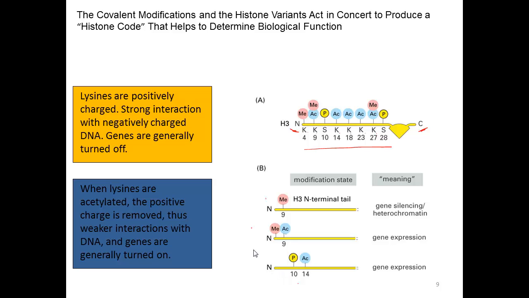But for our purposes, we'll stick to the very basic point that if histones are acetylated, in particular the lysine residues, the genes are turned on, whereas if they are in their native state, without acetylation, then there'll be a great deal of positive charge and the genes are turned off.